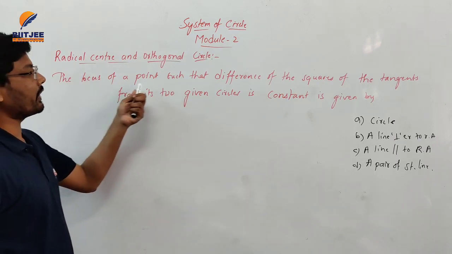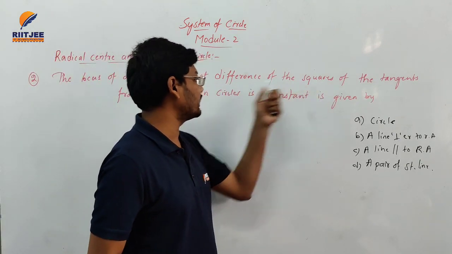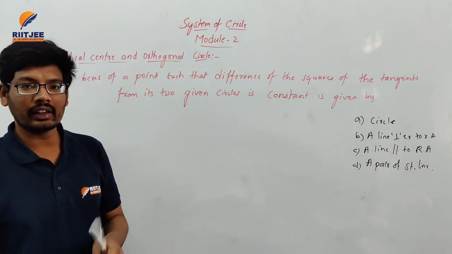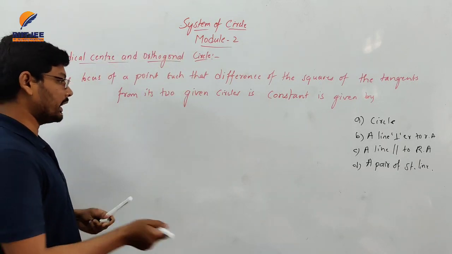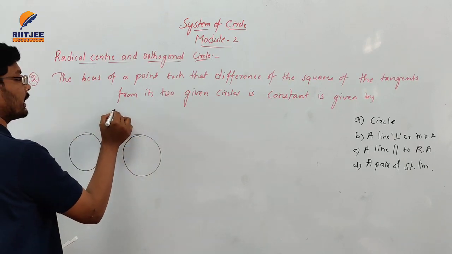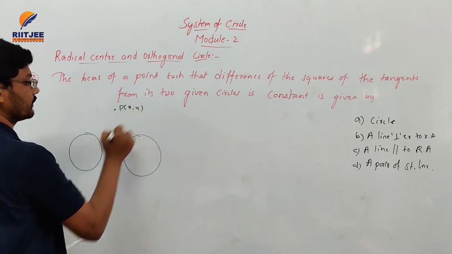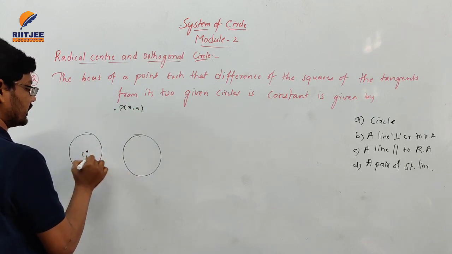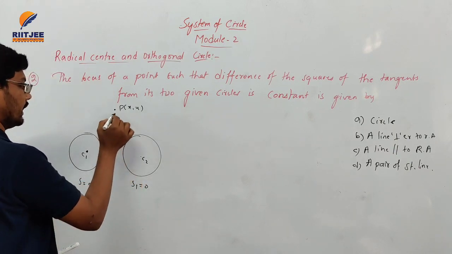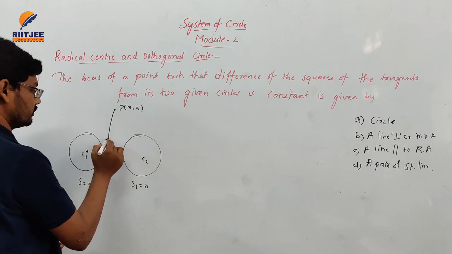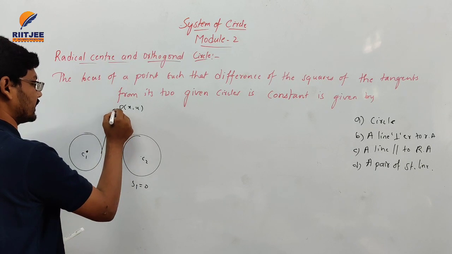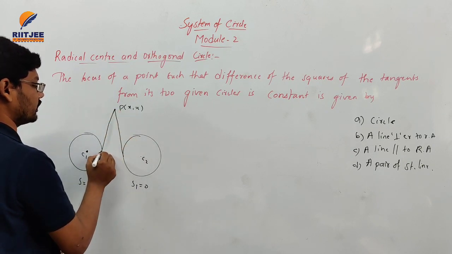The question gives the locus of a point such that the difference of squares of the tangents from it to two given circles is constant. I take two circles and a point P, that is x comma y, with centers C1 and C2, S equals 0 and S1 equals 0.